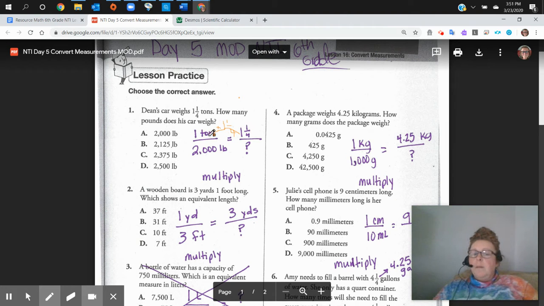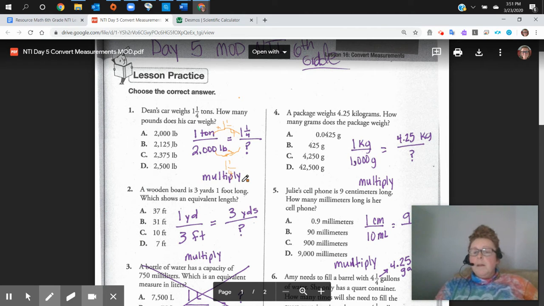When you do something to the top of a ratio, what do you have to do to the bottom? Hopefully you thought in your head and you said the same thing, and you would be correct. We have to do the same thing down here. So I multiplied by 1 1/4 at the top, and I'm going to multiply by 1 1/4 at the bottom. I apologize that my pen is so shaky. I'm not sure what's going on.